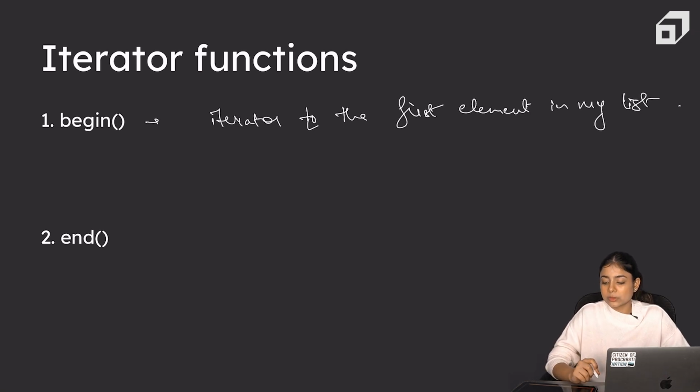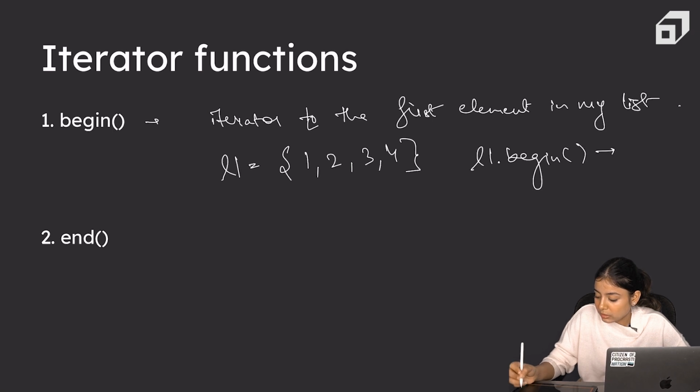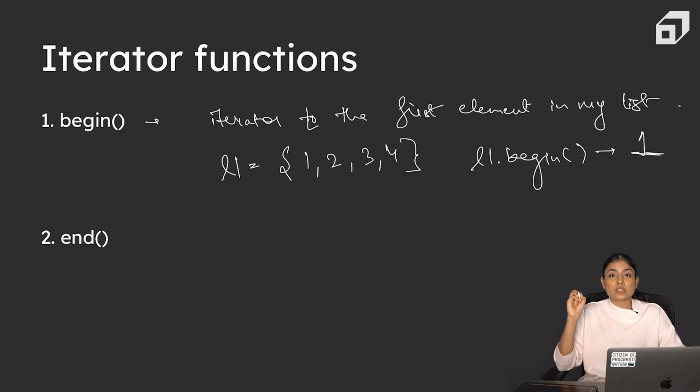Begin function will return me the iterator to the first element. So if I have a list 1, 2, 3, 4, and this is a list L1, and I say L1 dot begin, then this will return me an iterator to the first element, which is 1.